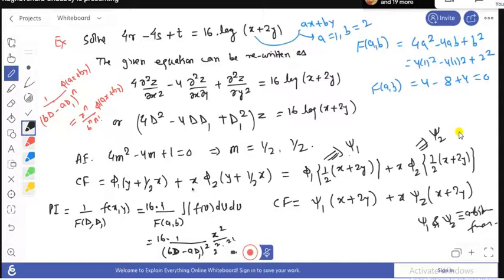Okay, and what is your phi is log of x plus 2y. On solving that, here 16, and here 2 to 4 to 8, so if we cancel, this becomes only 2 here, so 2x square.